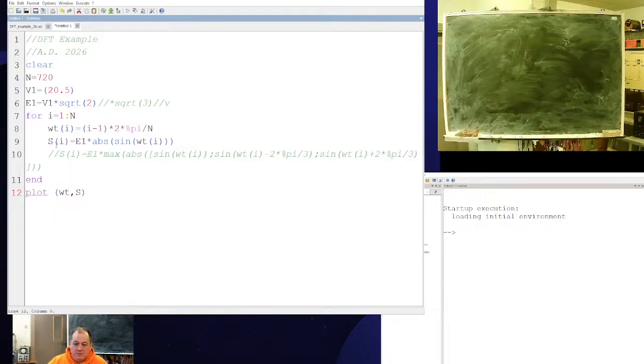But here, the values of my signal: rectifier, absolute value, absolute value of sine. Why do I have here the square root of 2? Because I got a measured effective value.